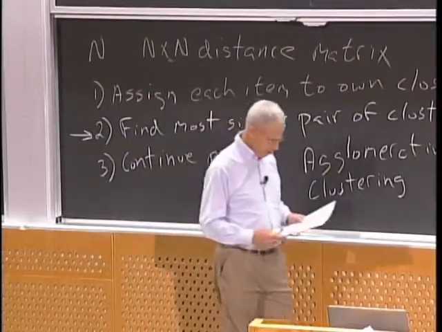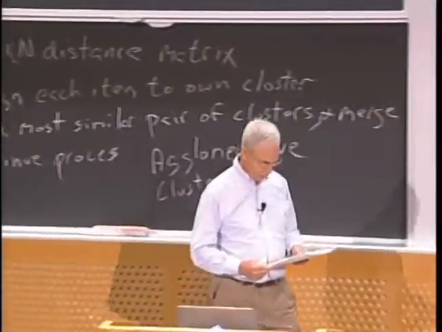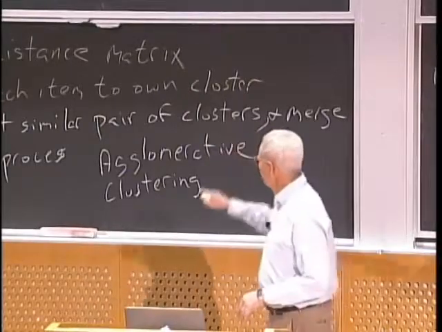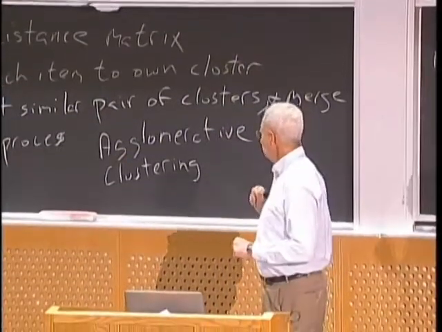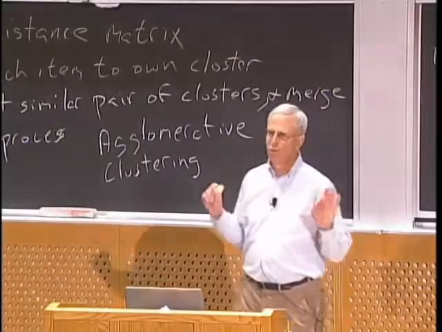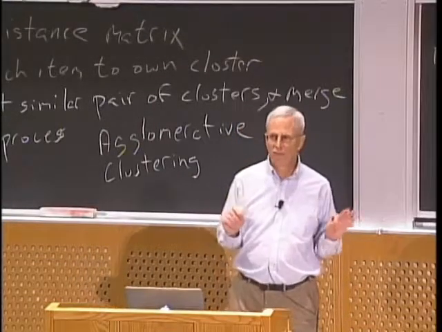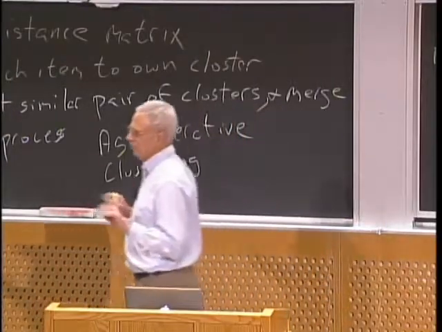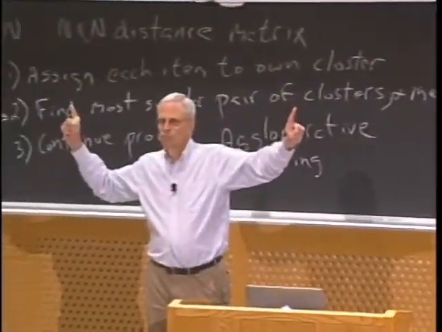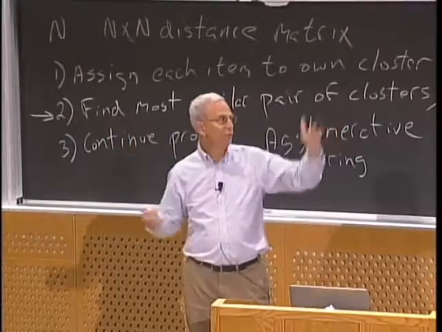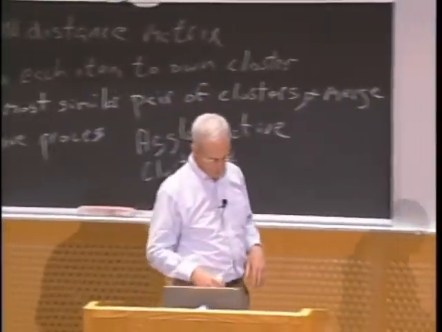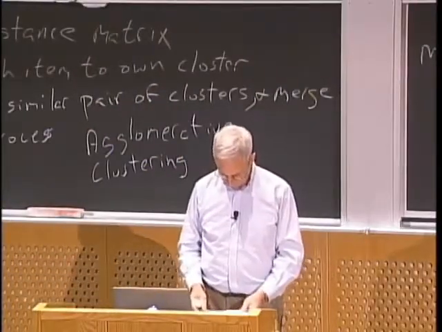The complication in step 2 is we have to define what it means to find the 2 most similar clusters. Now, it's pretty easy when the clusters each contain 1 element because, well, we have our metric, in this case distance, and we can just do that as I did. But it's not so obvious what you do when they have multiple elements.